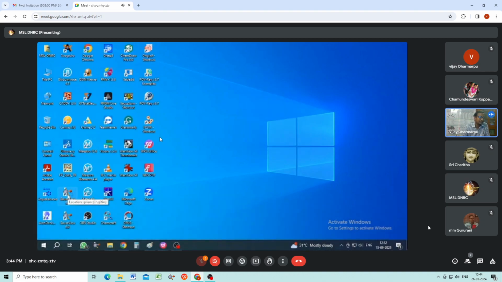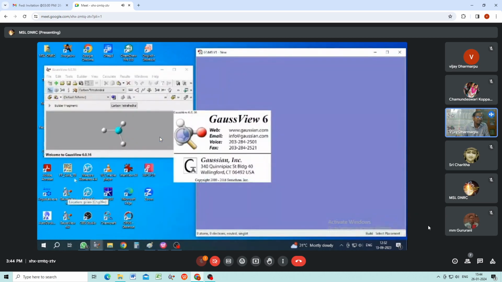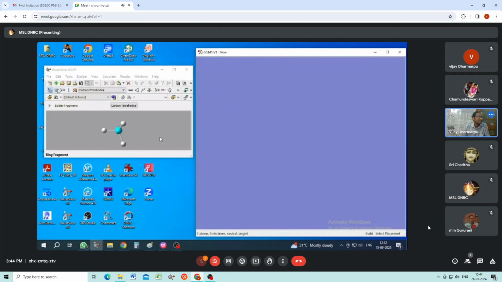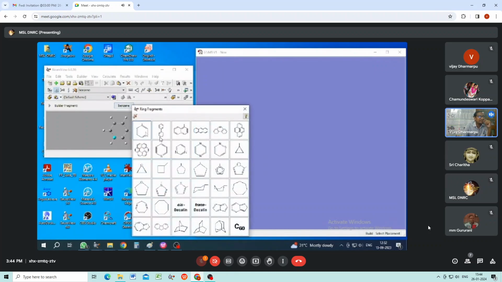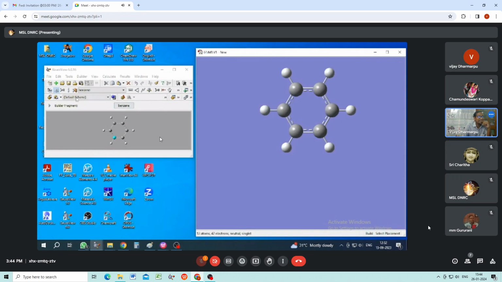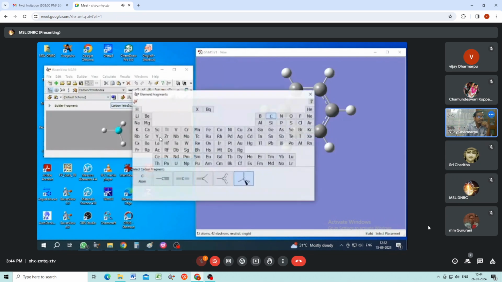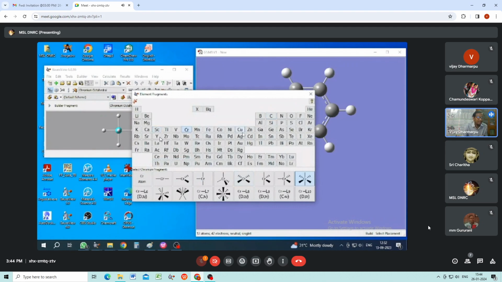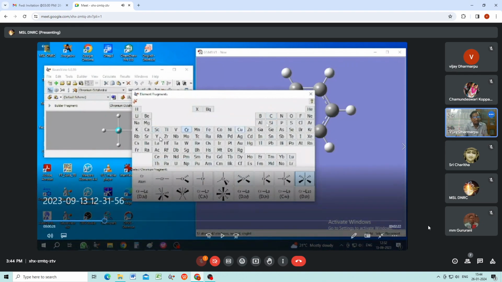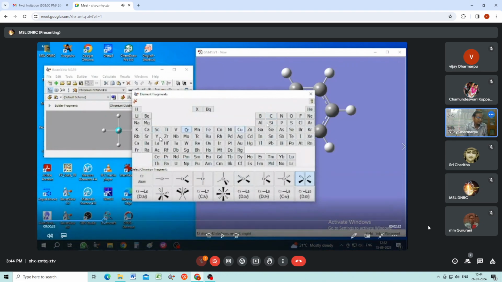So this is Gaussian 5 I am using, GaussView 6.4 version, for visualization. This is the benzene structure. We are all very well aware of it, and these are some ring structures. All elements and structures are already preloaded.